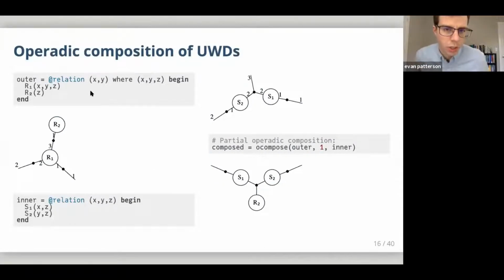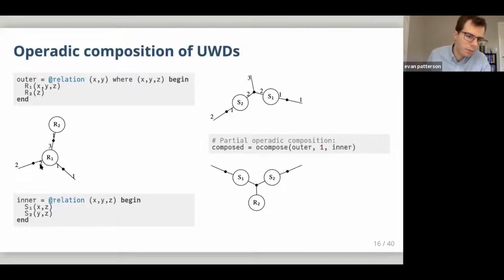Okay, so now let's talk about the operad structure of undirected wiring diagrams. Informally, this is a kind of hierarchical composition or substitution, in which one or more boxes in a diagram are replaced with a whole other diagram. For example, we'll start with this diagram shown here, and then we're going to substitute for the box labeled R1 this other diagram here.